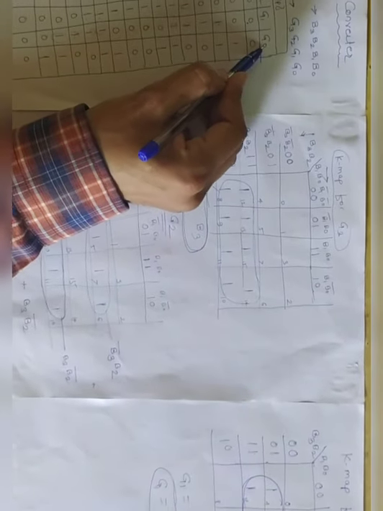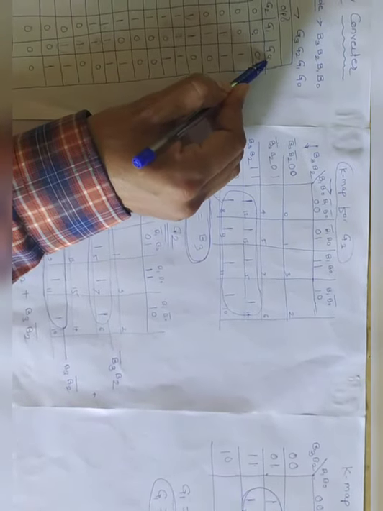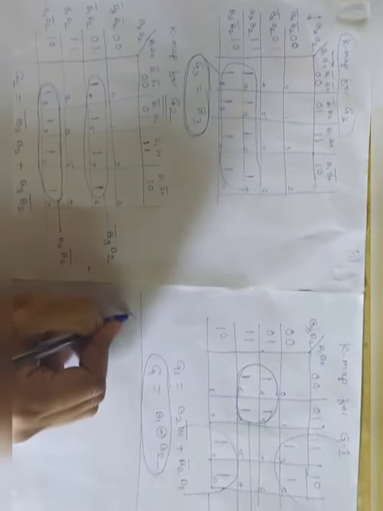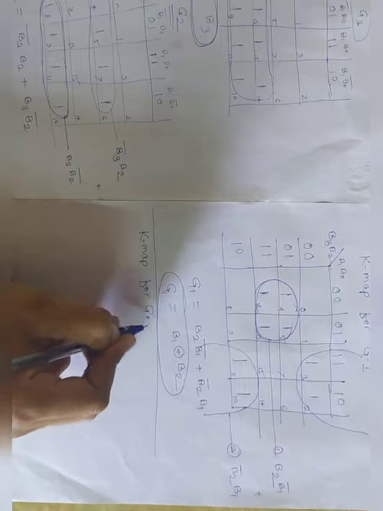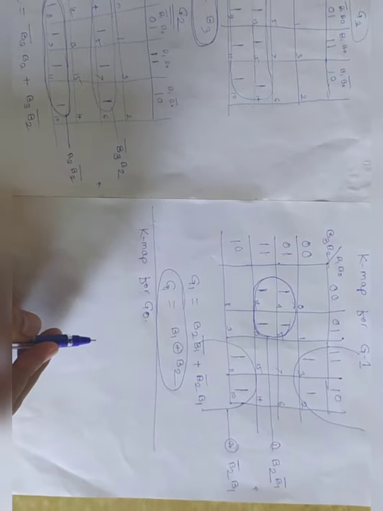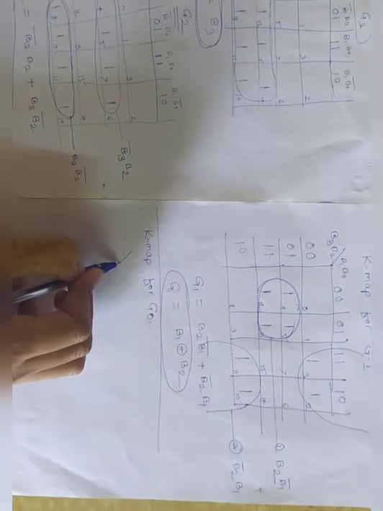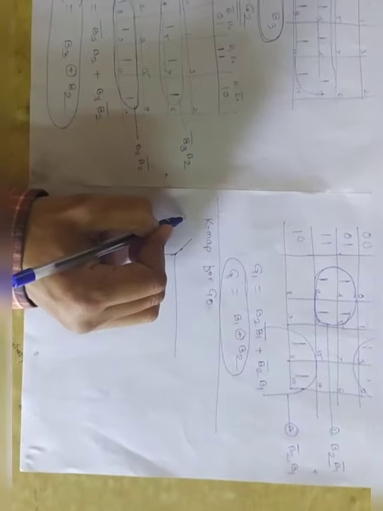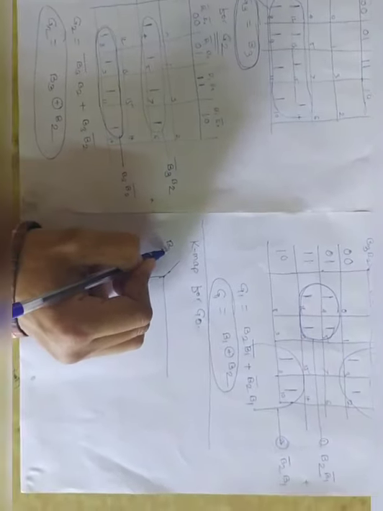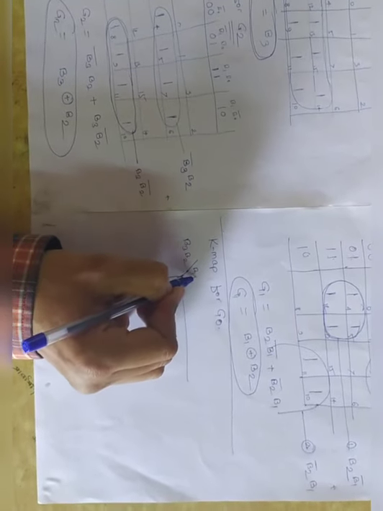Now you have to find the equation from the K-map for G0. The K-map is the same for all of these. The inputs are B3, B2, B1 and B0.